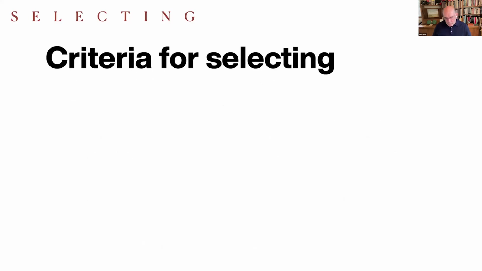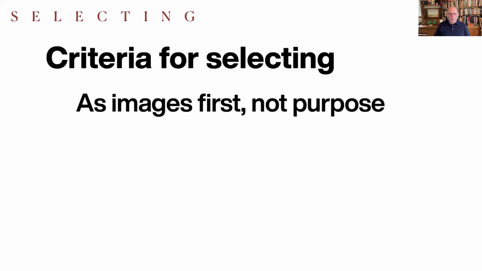Then moving beyond how you look at photographs, it becomes easier for selecting. Going back to creating the hierarchy first, it becomes really important to separate the idea that images exist for a specific purpose. I'm making this book, or I was assigned to photograph this person, this activity, this setting is the purpose.